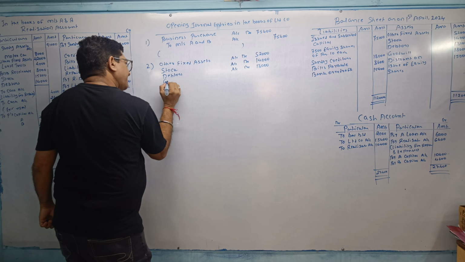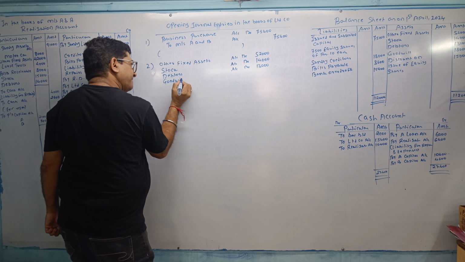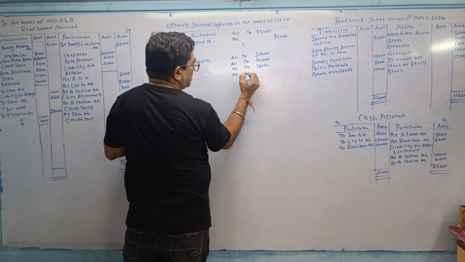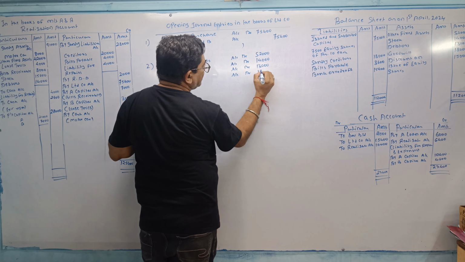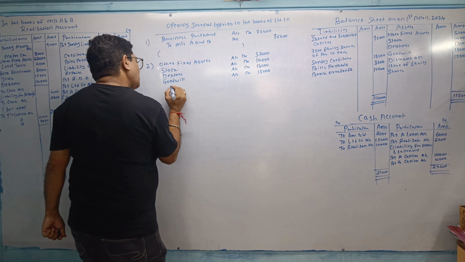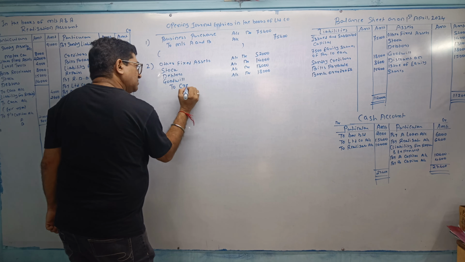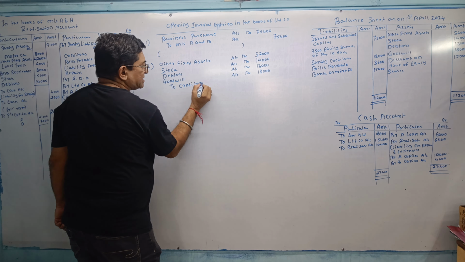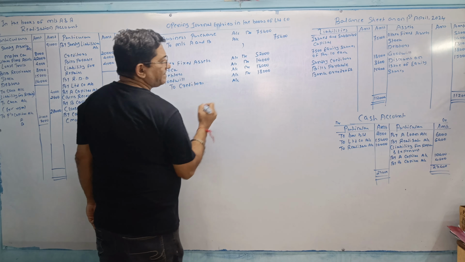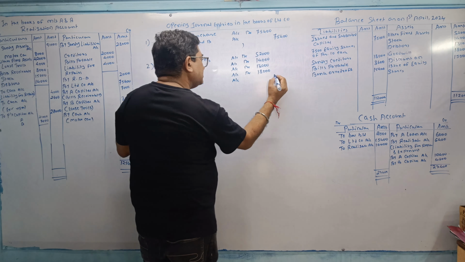Goodwill account debit 18,000. To creditors account, liability take over की है, so creditors account 18,000.